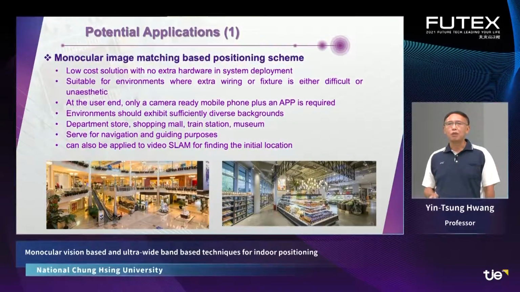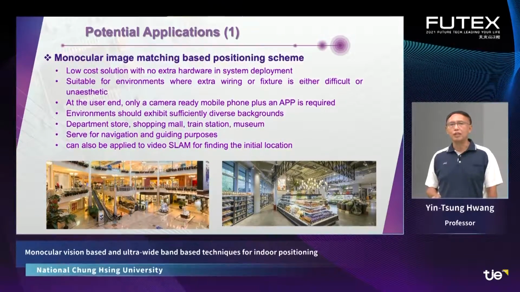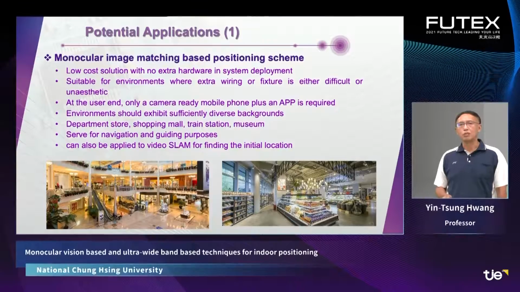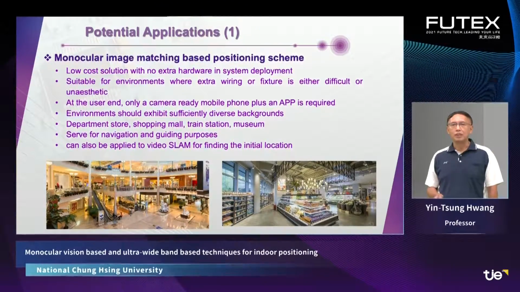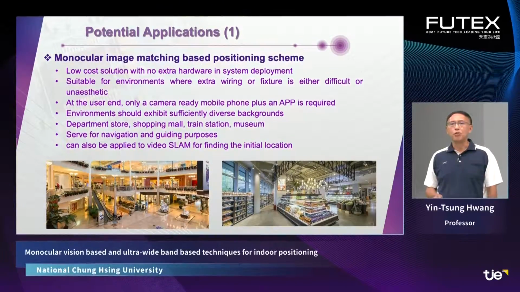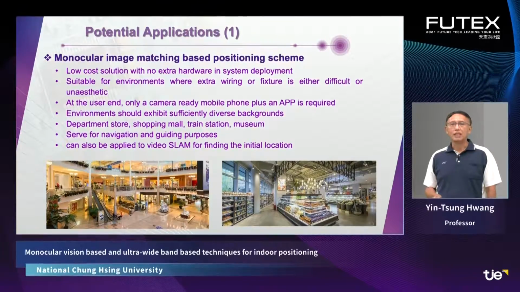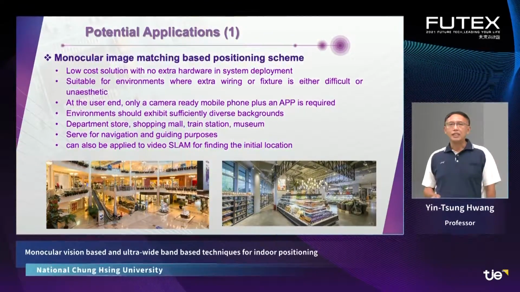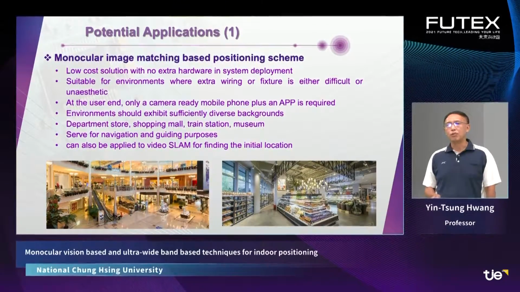We now summarize the potential applications of the proposed image matching-based positioning scheme. It is a low-cost solution with no actual hardware in system deployment, particularly suitable for environments where wiring or fixtures are either difficult or unaesthetic. At the user end, only a camera-ready mobile phone plus an app is required.